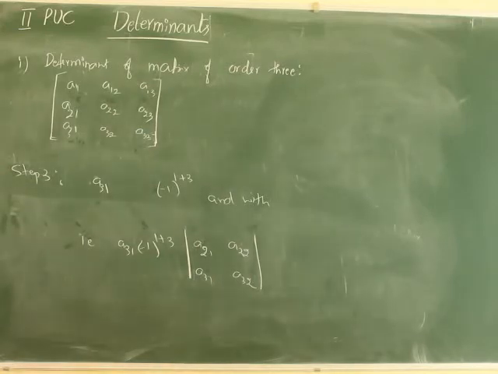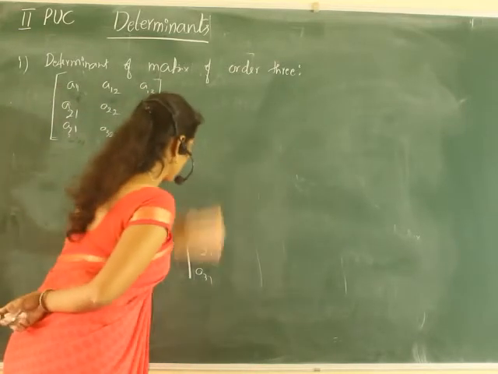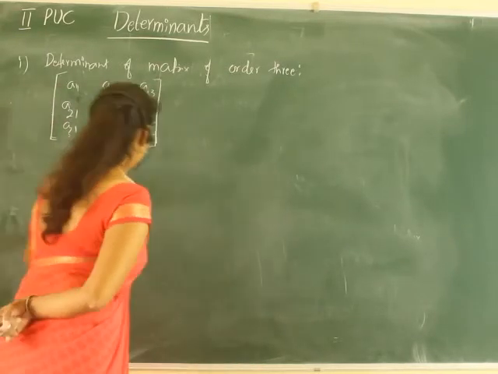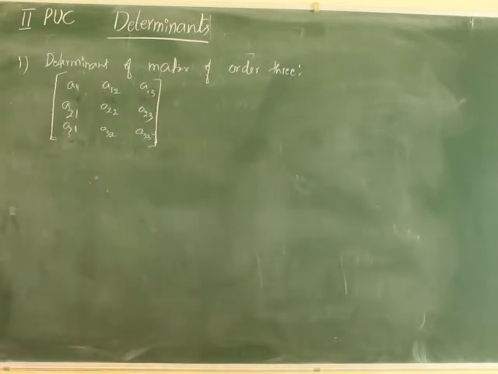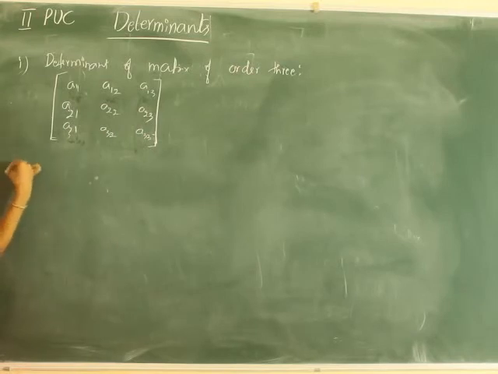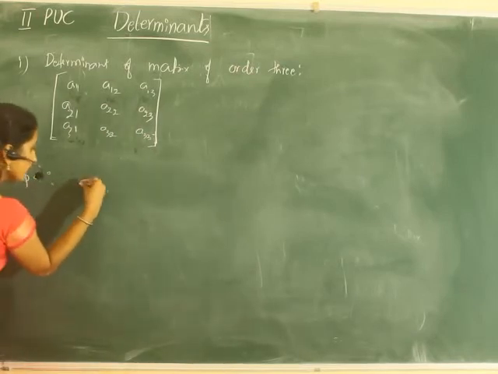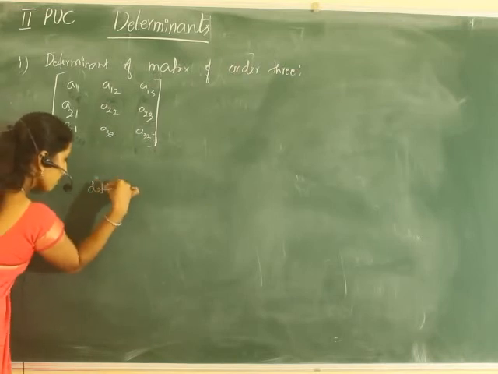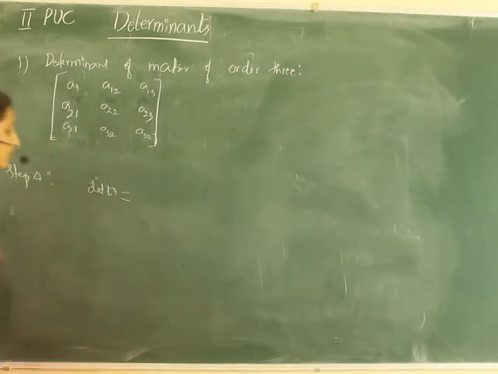After that, step 4: adding all these, step 1, step 2 and step 3. The determinant of A is equal to step 1 plus step 2 plus step 3.